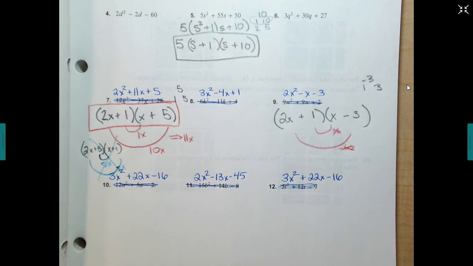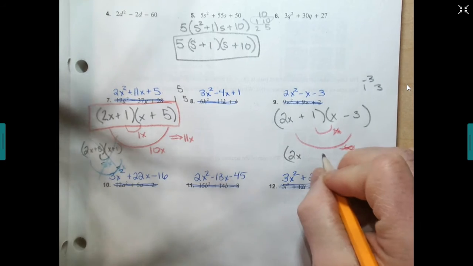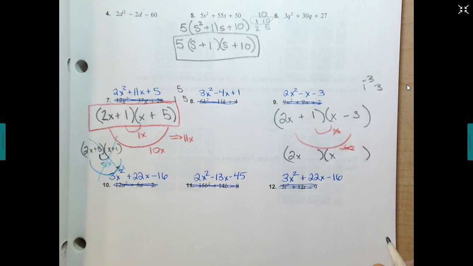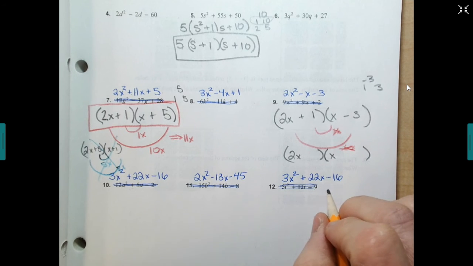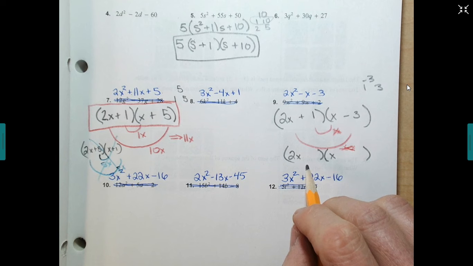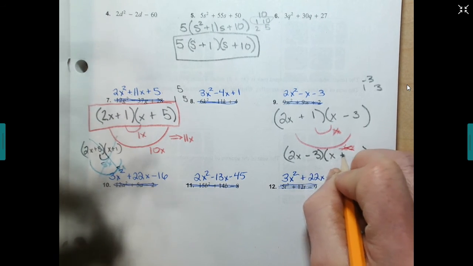So I'm going to have to erase. Actually, I'll just rewrite it. 2x, x. So this is just guess and check. So I'm going to go -3, positive 1.